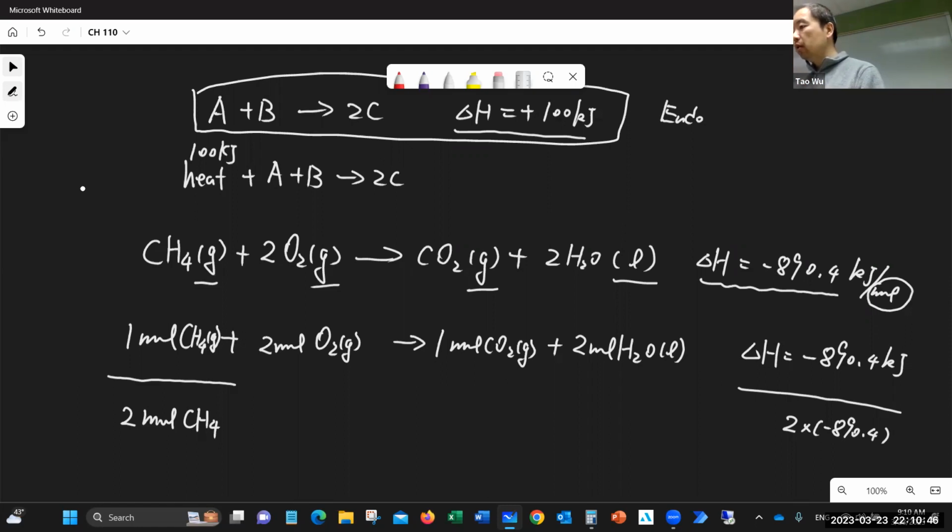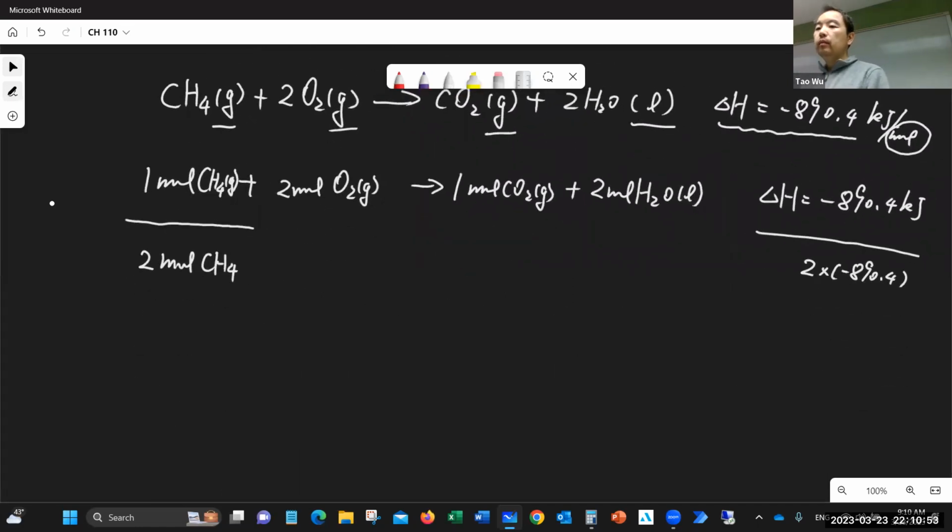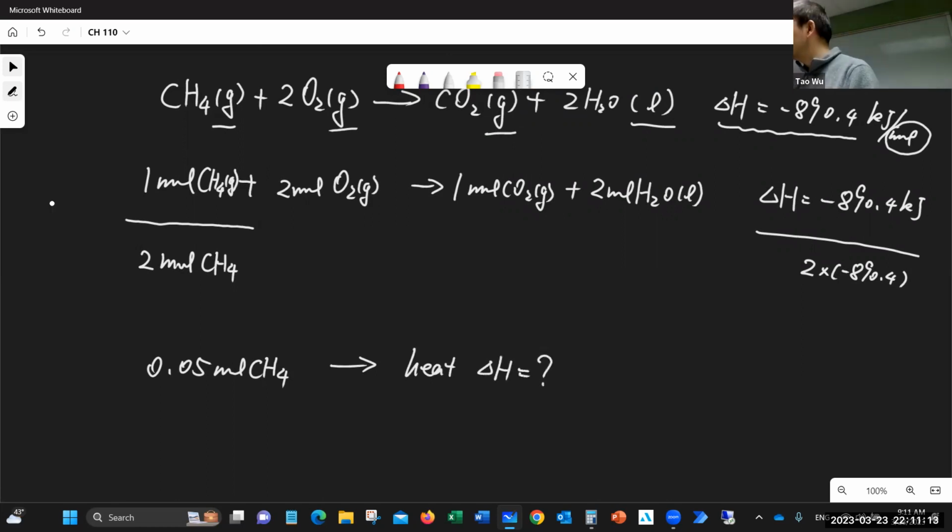Once you see the ratio here, what if we have 0.05 moles of methane? How much heat, or how much change in enthalpy, will it generate? Well, the same thing, right?